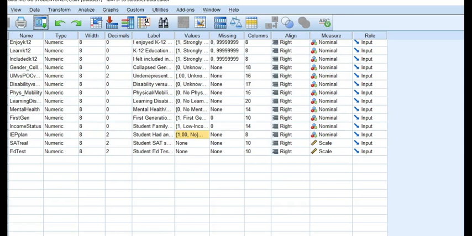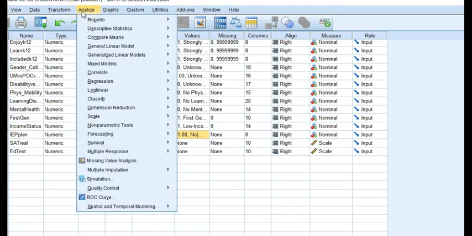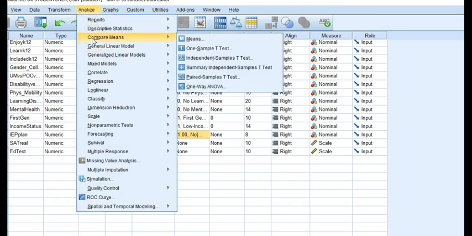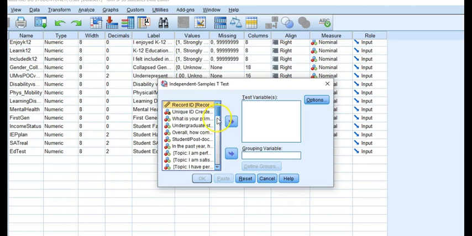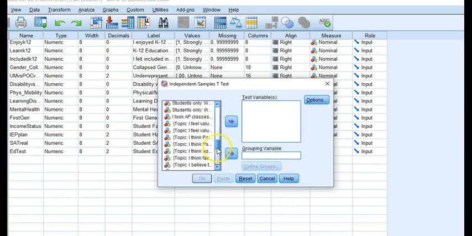Alright, welcome back. So, in getting started on an independent samples t-test, the first thing that you're going to do is go to Analyze and then Compare Means. And then we're doing an independent samples t-test, so we'll select that. Let me scroll to the bottom here because that's where my variables are.